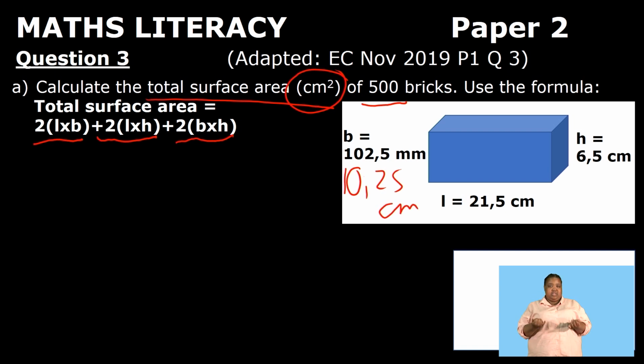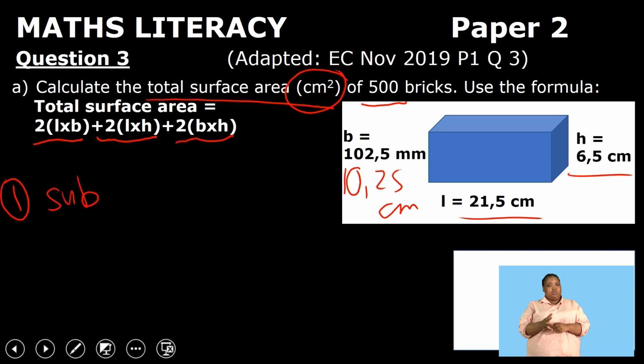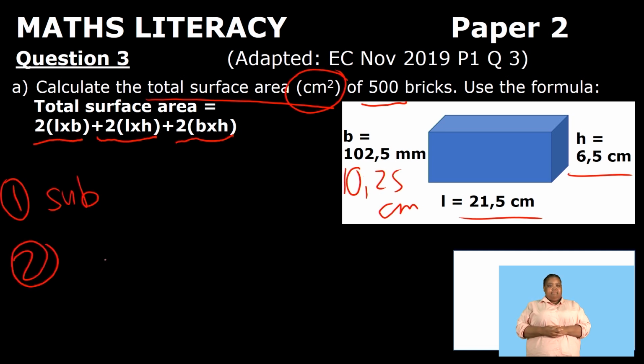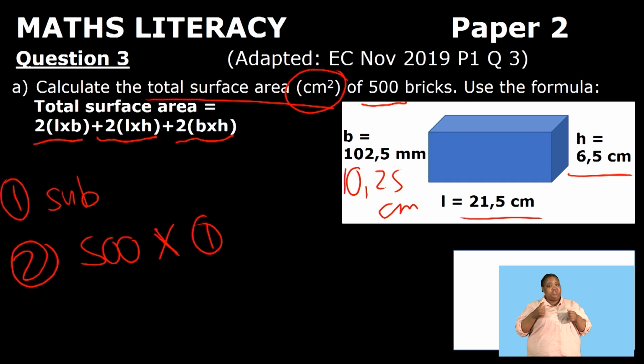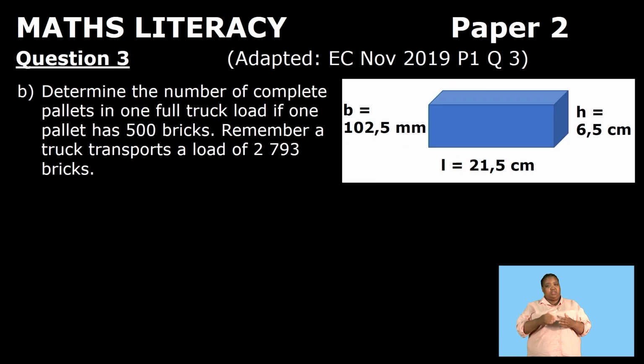So now we have all our dimensions. Then firstly we are going to substitute, and then we're going to say 500 times my answer in step 1. And that is how you'll do that one. Let's look at the next one.